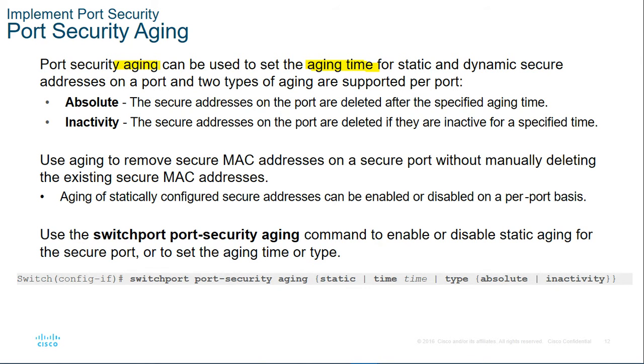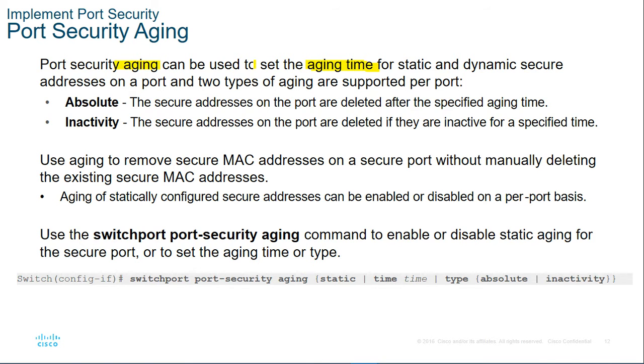The aging time can be configured by using absolute or inactivity. There are two methods to configure this aging; two types of aging are supported per port. One is absolute, one is inactivity. Absolute means this type will secure the address on the port, and delete it after the specified aging time.